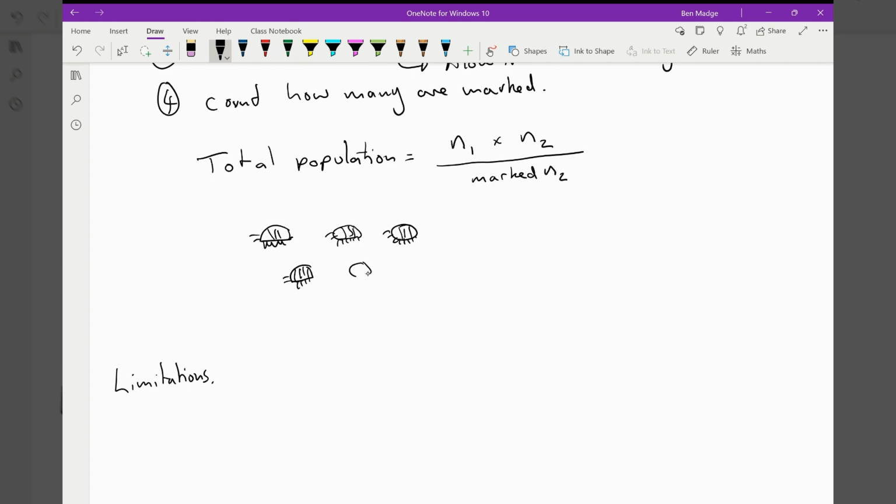So these are my 5 woodlice from, let's say, my compost heap at home. I need to mark them, so I use some sort of permanent paint pen just to mark the back of the carapace, the shell that's on the woodlice. I then release them back into my compost heap.